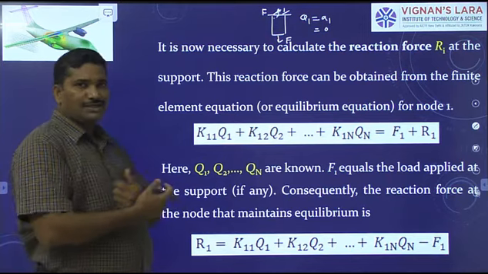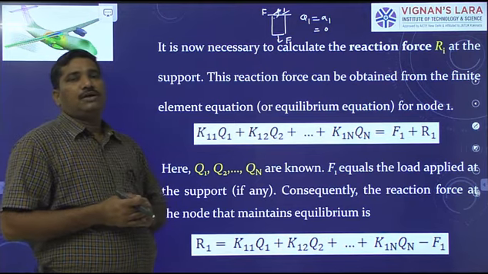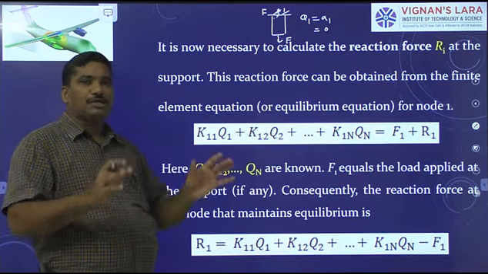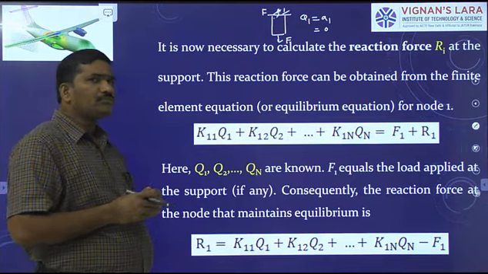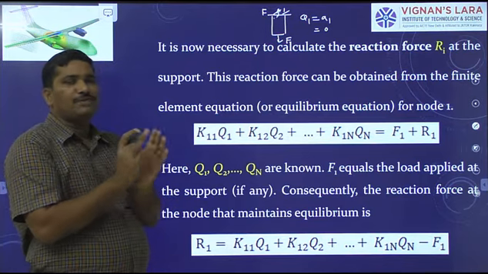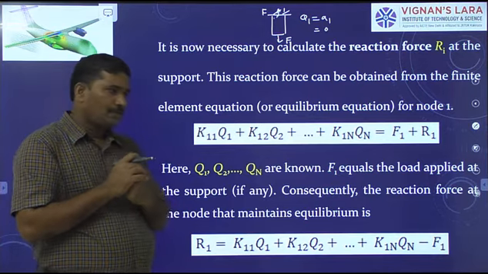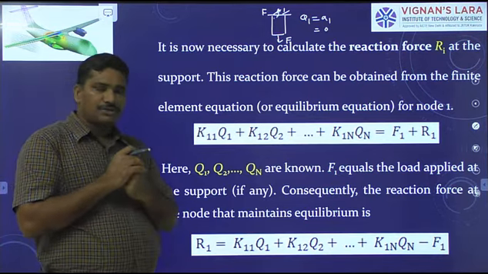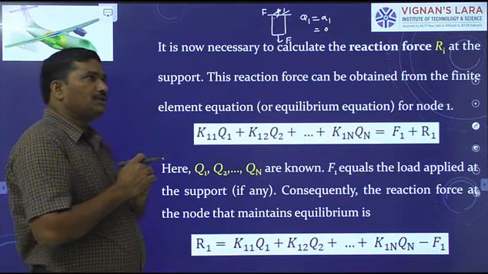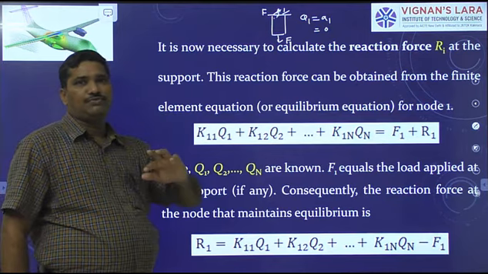So what we have discussed in this particular class, we expressed the total potential energy, introducing the global displacements, global stiffness matrix and global load vector, right? And we have discussed about the boundary conditions of two types.